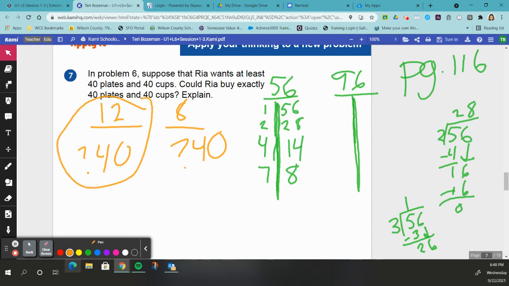So that would be my explanation there. She could get exactly 40 using exact packs because it is a multiple of 8, but you cannot do it with 12 because 40 is not a multiple of 12.